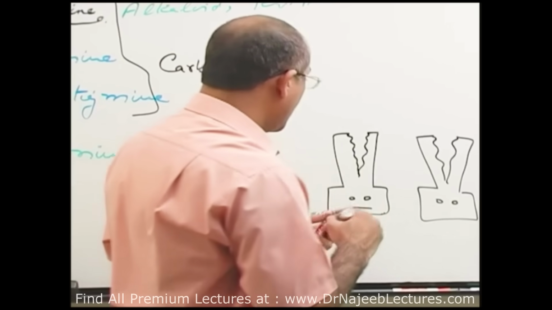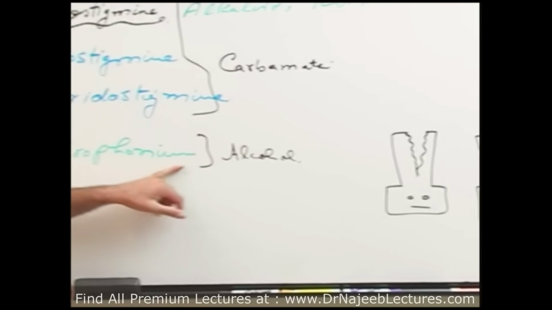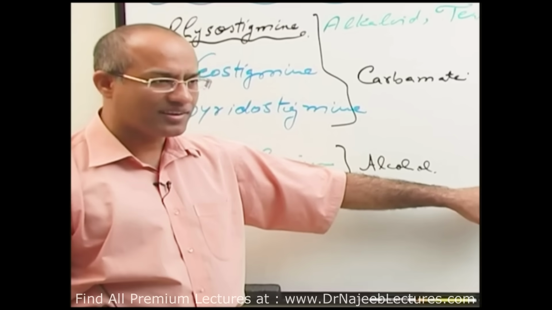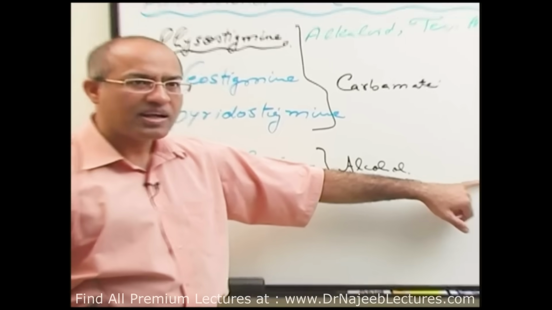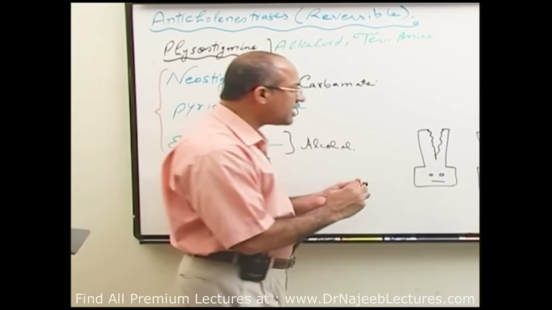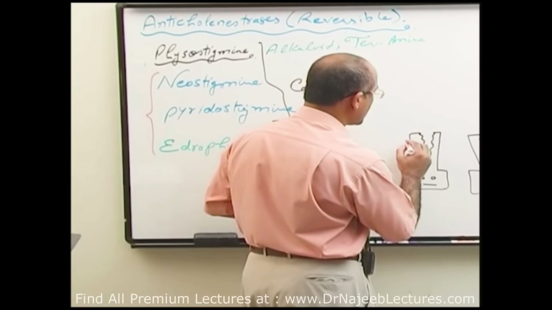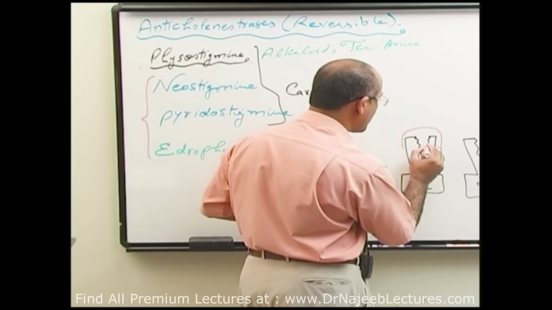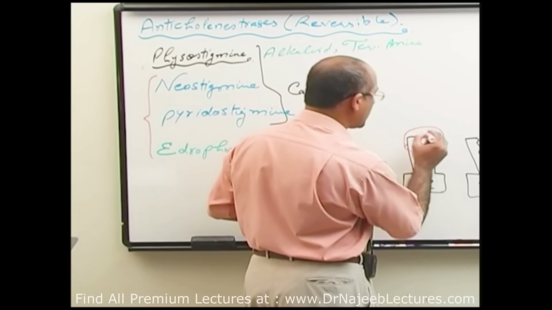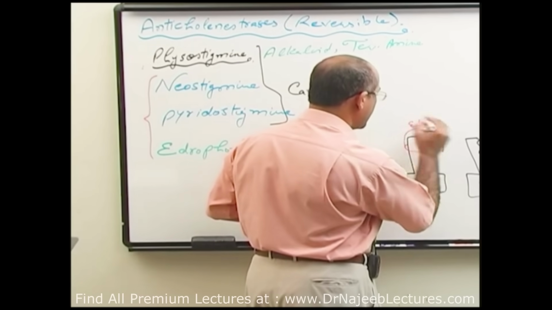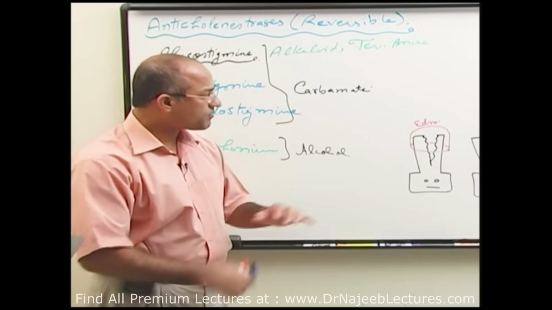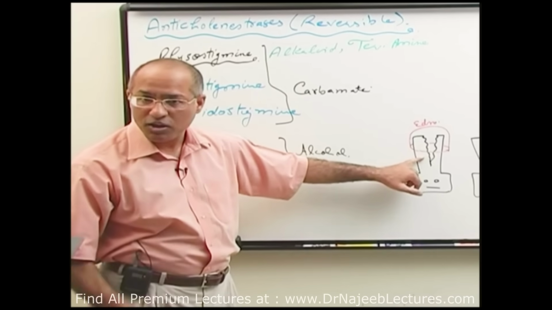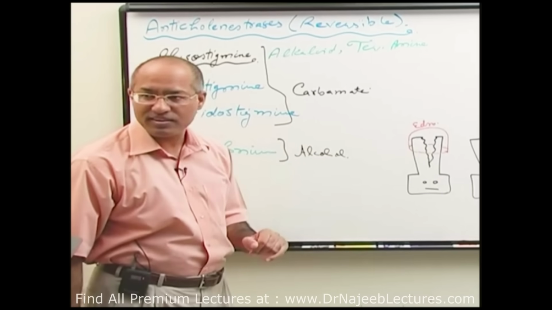Now, look, edrophonium binds with the enzyme relatively loosely and very rapidly detaches. This is the binding of edrophonium. Edrophonium does not make a strong covalent bond, and it rapidly dissociates.